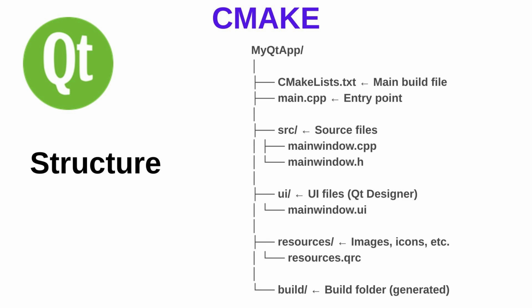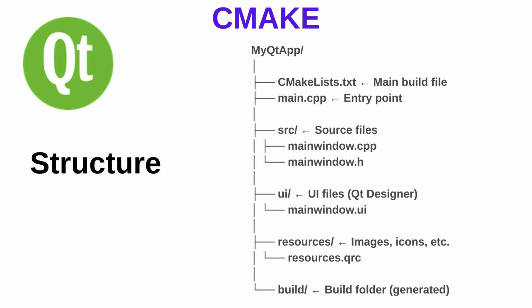CMake is especially valuable because it not only compiles source files but also handles complex tasks like finding and linking external libraries, managing dependencies between different parts of a project, setting compiler options, organizing large code bases into modules, and supporting out-of-source builds, keeping build files separate from source code.